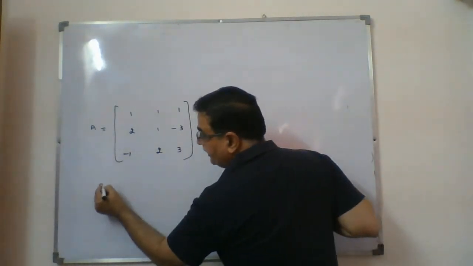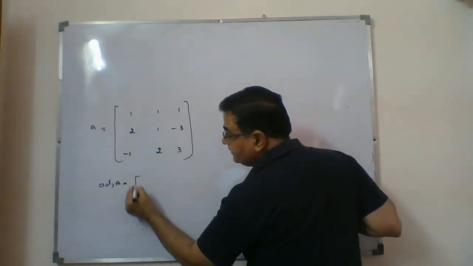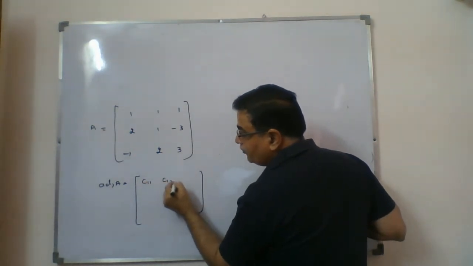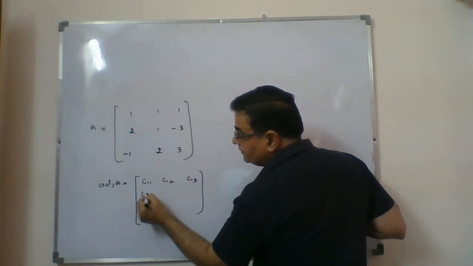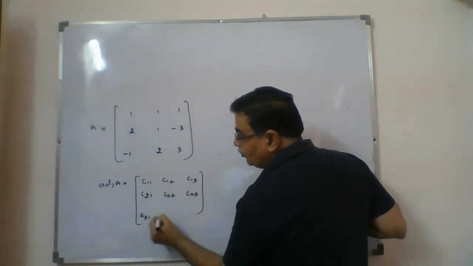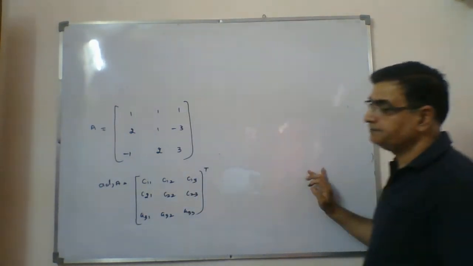So we want adjoint of A. So adjoint of A means we want the cofactors of all: C11, C12, C13, C21, C22, C23, C31, C32, C33, and then we'll take the transpose.